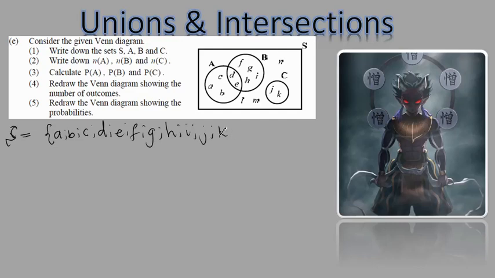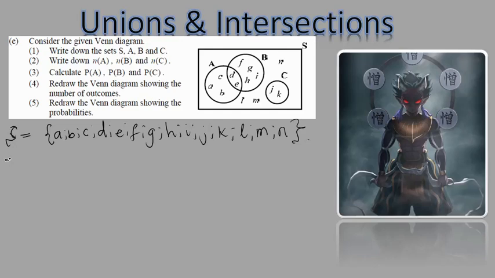Yes, L, and M, and N. There's no O, so it ends here. That is the whole sample space. Everything that ever exists in this Venn diagram comes from these items here.